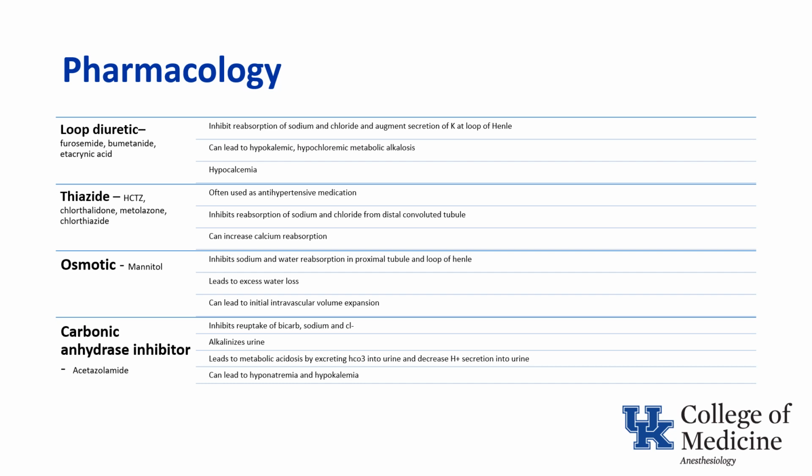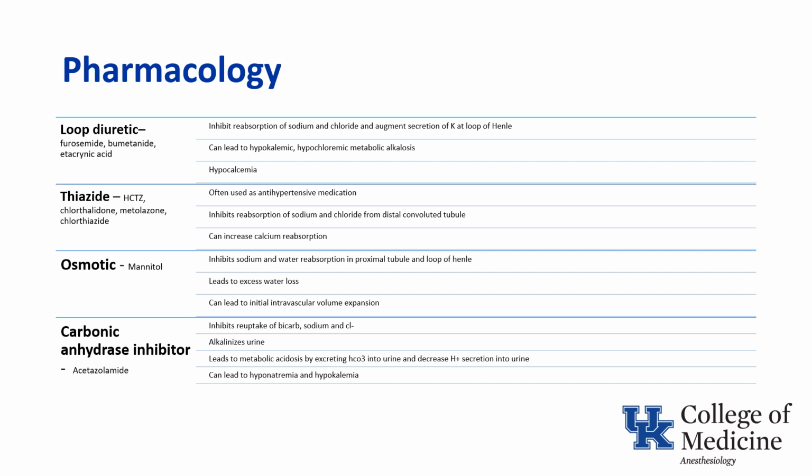The other ones that you see there, metolazone, chlorthalidone, chlorothiazide, are also thiazide diuretics, and they work mainly at the distal convoluted tubule to decrease the reabsorption of sodium and chloride, right? This can actually also lead to an increase in calcium, which is different than the loop diuretics, which you see up there, which will induce hypocalcemia.